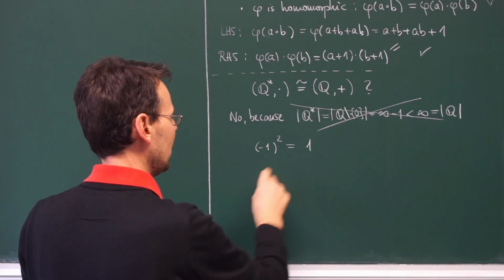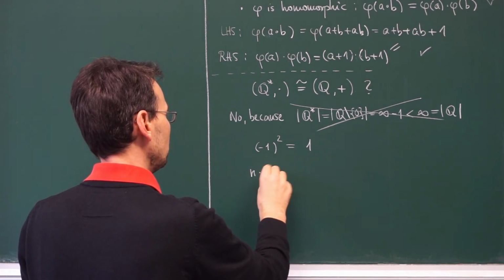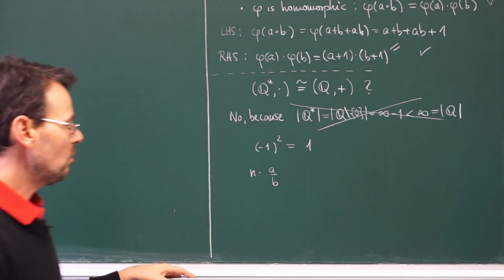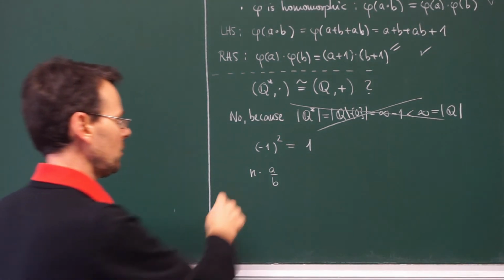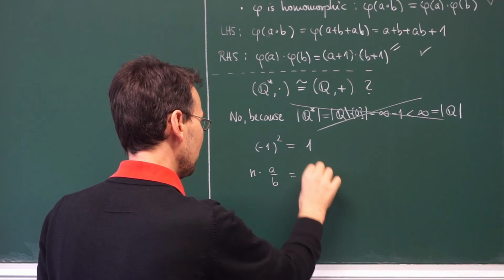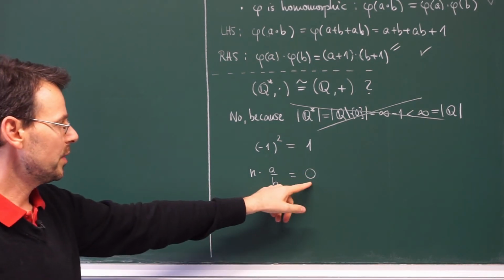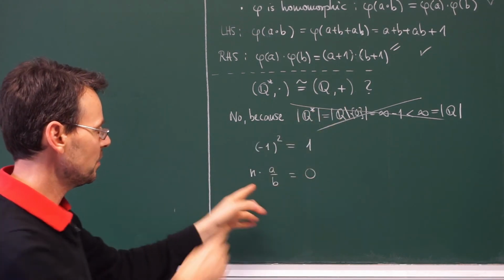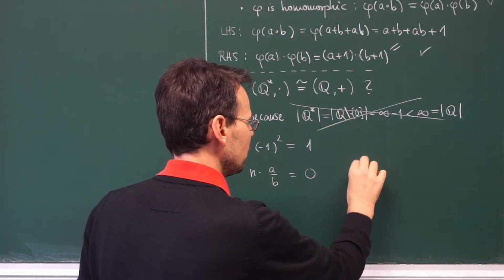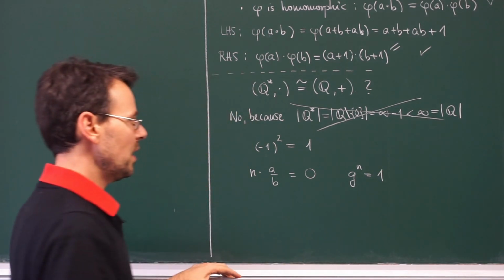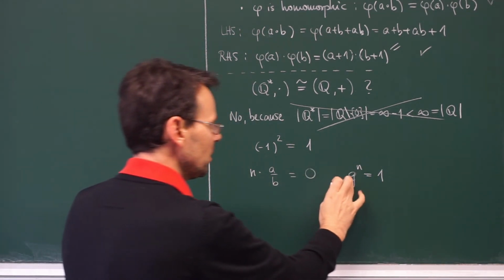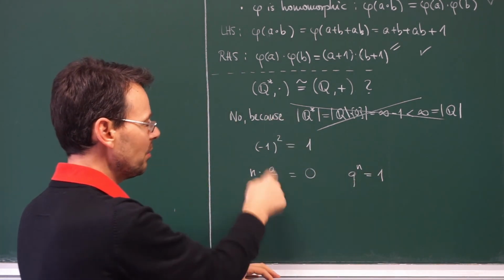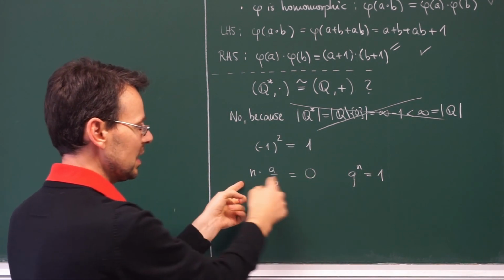So here, this is additively written. So we write n times a over b. And for this to have order n, we would have to end up with 0, because here the neutral element or the identity is 0. So in multiplicative notation, we would have g to the n, or q to the n, because we're talking about the rationals, would have to be 1 here in this group. But here, additively written, this translates into this.